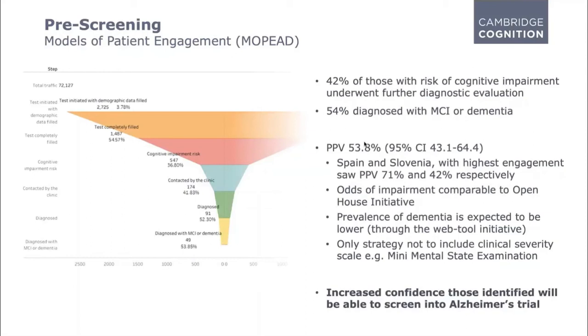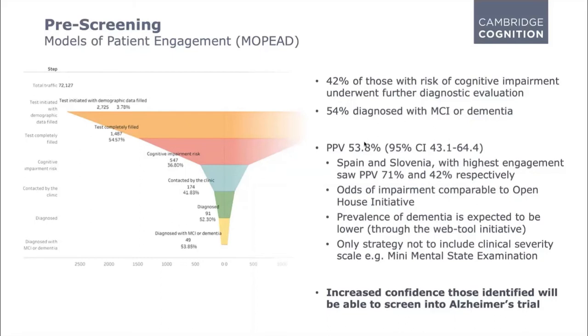And of those, 54% were diagnosed with MCI or dementia. An important measure for evaluation of this is the positive predicted value. And at the end of the study, the estimate for this was 53.8%. And we saw this vary, again, as I suggested, by country. And those countries with the highest engagement showed the highest positive predicted value.